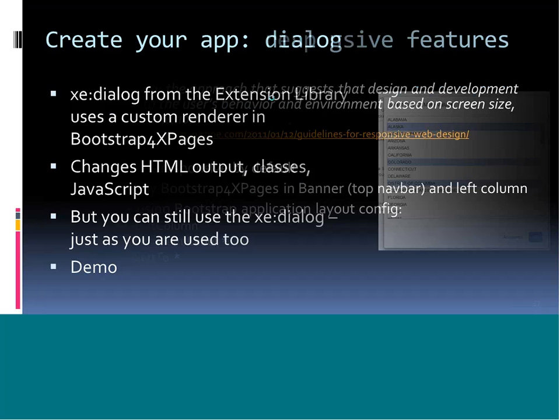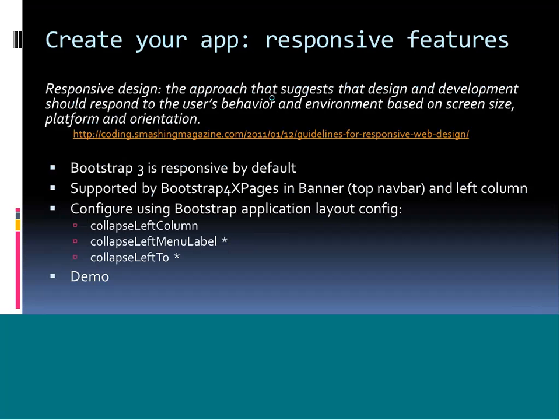Some of the responsive features, as you might know: Bootstrap is responsive by default in version 3, and we support that in the plugin. In all the menu options in the top navbar, and optionally in the left column, they're configured using these three attributes in that same Bootstrap application layout configuration object.